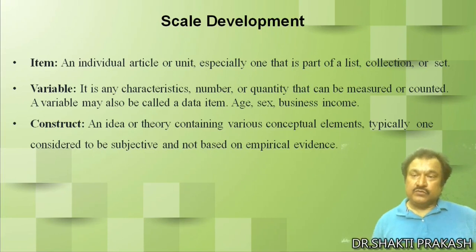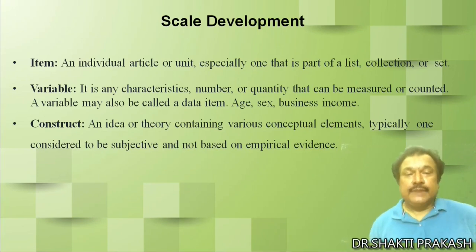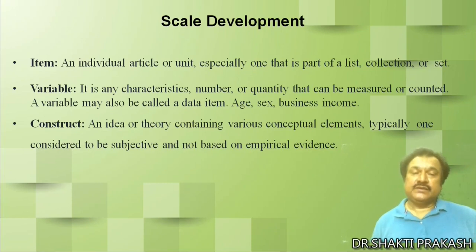A variable is something which can be varied. It is any characteristic, number or quantity that can be measured or counted. A variable may also be called a data item: age, sex, business, income. Variables will be like that.